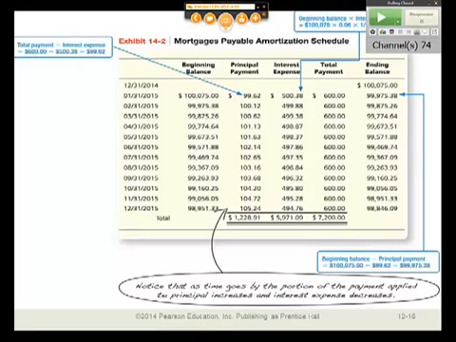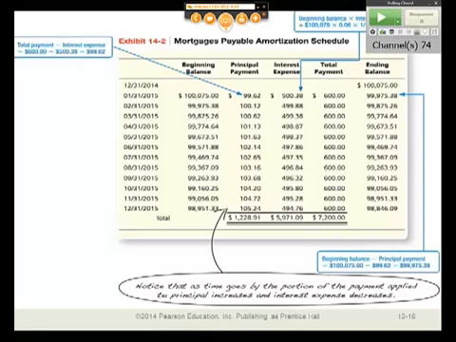So with a mortgage, or even on a note, I just want you to be very careful, whether it's homework or an exam. If I tell you that the payment is $5,000 plus interest, then you don't have to worry, because then you pay down the principal at $5,000 and the interest is on the beginning balance. Here I'm telling you the payment is $600. It includes both principal and interest.